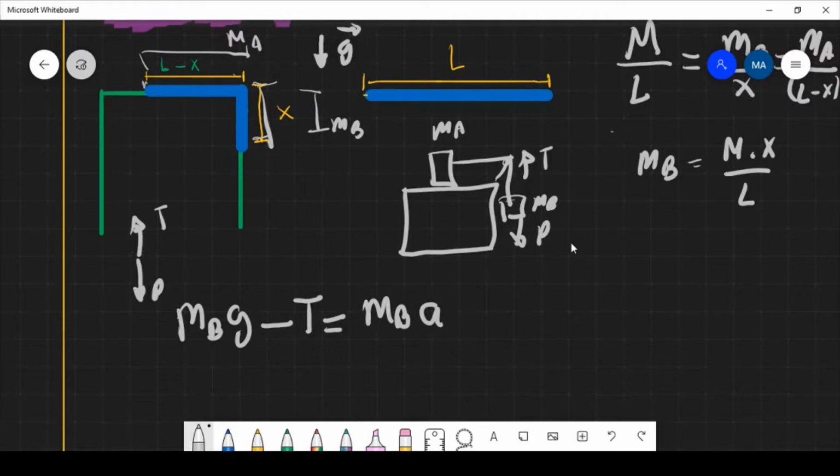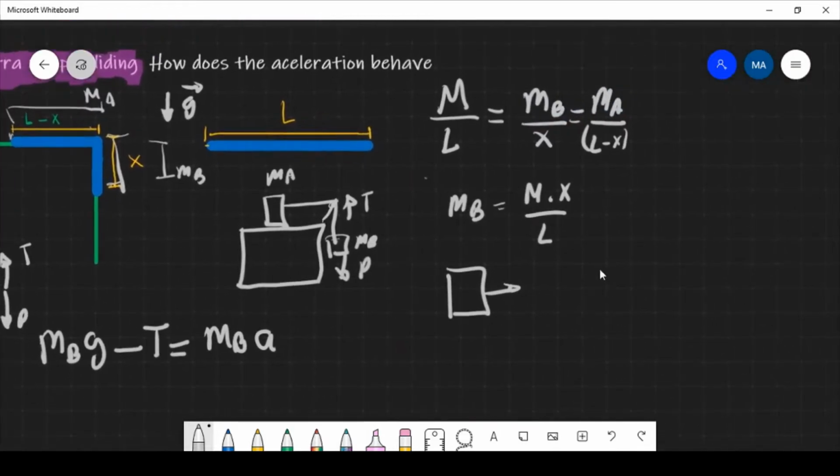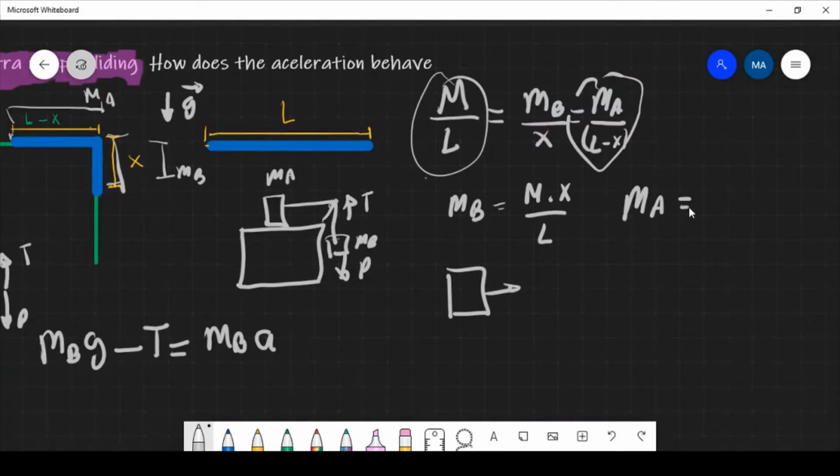Now what about this part of the rope, which represents this block over here? What forces act on it? Well, there is no friction, so the only force acting on this mass A is the tension. Now let's put a relation using this part, due to the density. The mass A is equal to L minus x multiplied by big M, the mass of the total rope, divided by L, the length of the total rope.